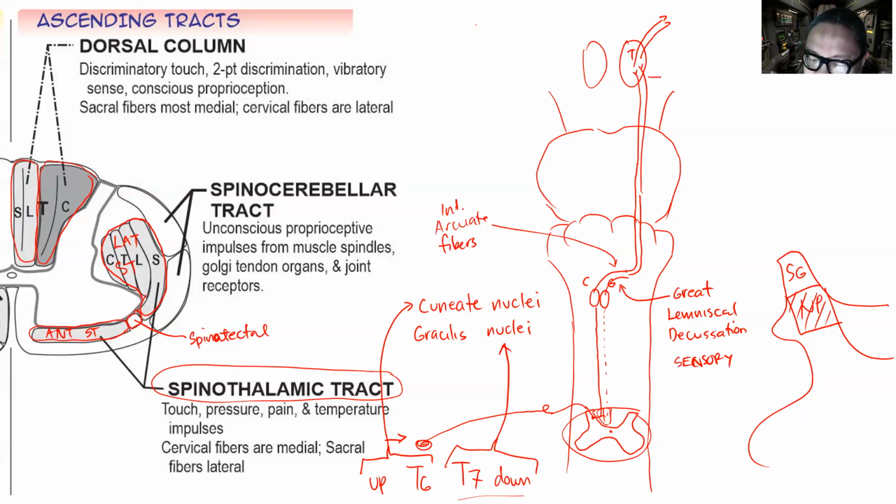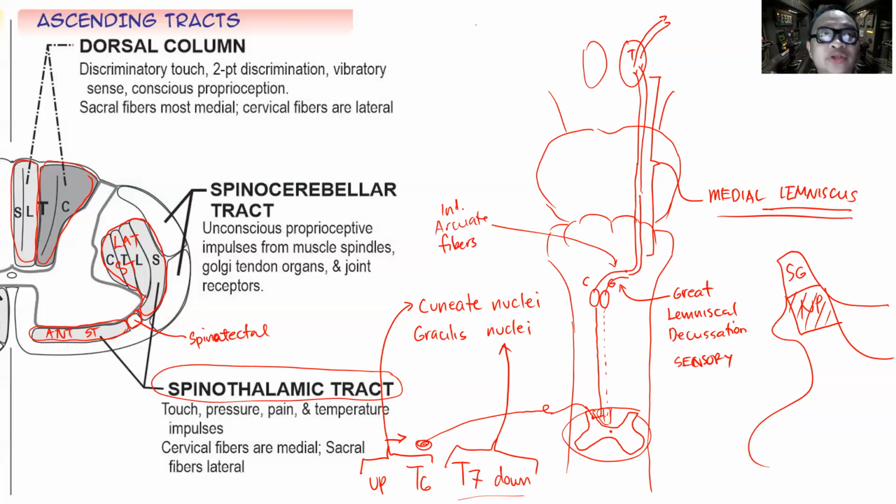These fibers are now called your medial lemniscus. That's why it's called your medial lemniscal system.